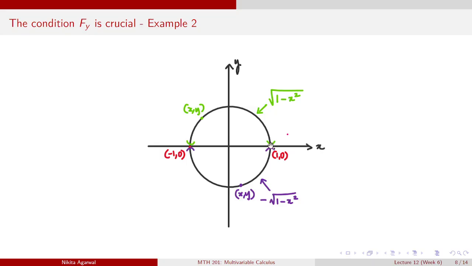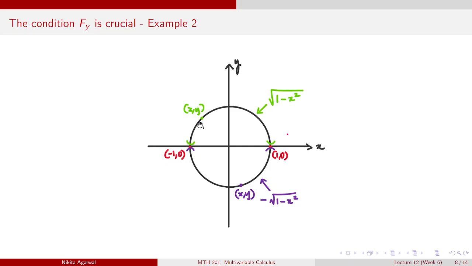On the top, the definition will be square root 1 minus x square. On the bottom, your definition would be minus square root 1 minus x square. So you don't have a well-defined function which is differentiable around this point, such that y is a function of x. And a similar thing happens around the point (minus 1, 0).